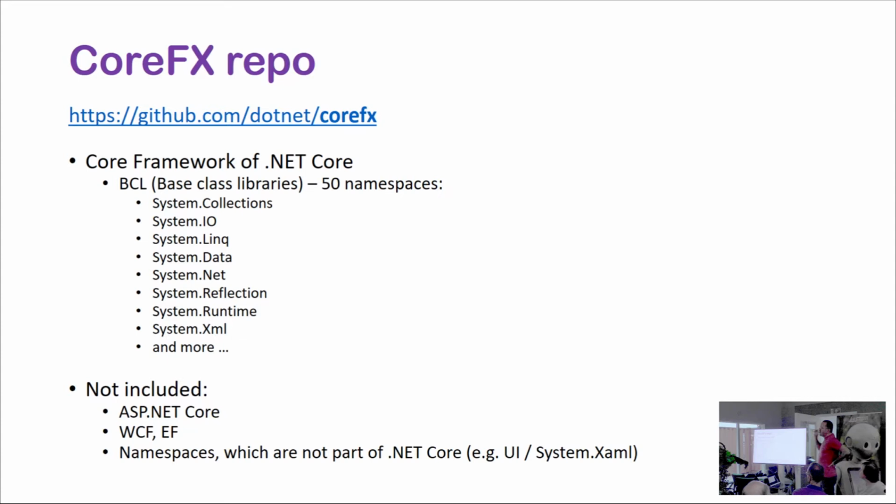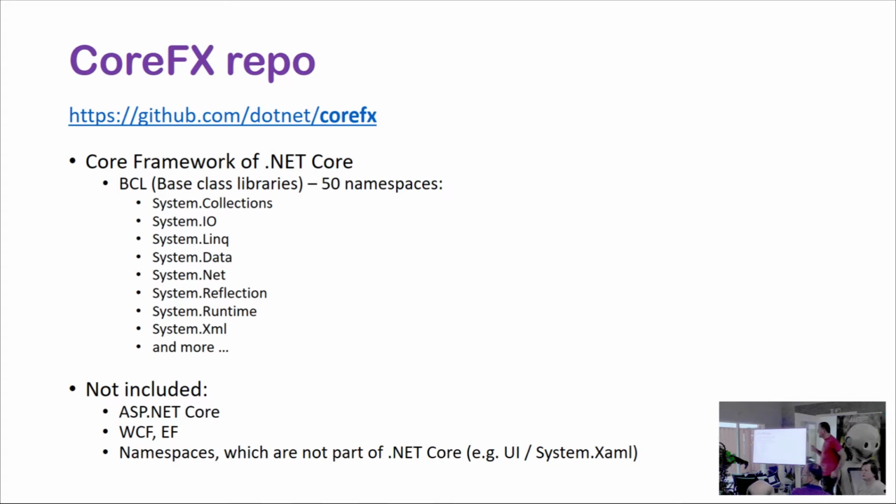Which things are not in the CoreFX repo? ASP.NET Core is its own repo, or actually a set of repos. They are not under .NET, they are under ASP.NET, the top-level GitHub organization. So that's not what we consider. CoreFX repo is really about the libraries underneath those namespaces.